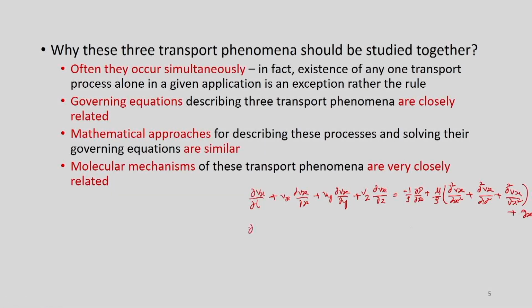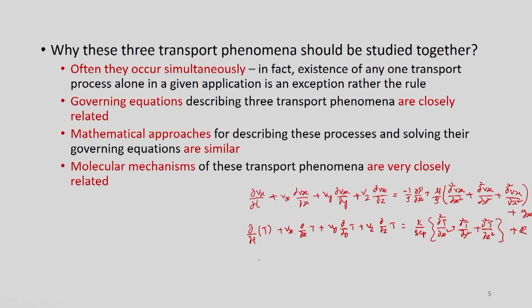So dou T by dou t plus Vx dou T by dou x plus Vy dou T by dou y plus Vz dou T by dou z is equal to k by rho Cp times dou square T by dou x square plus dou square T by dou y square plus dou square T by dou z square, and then any reaction terms, if at all they are existing.